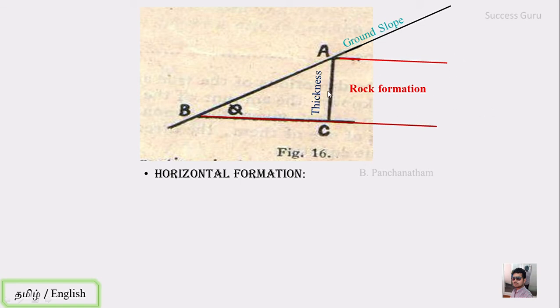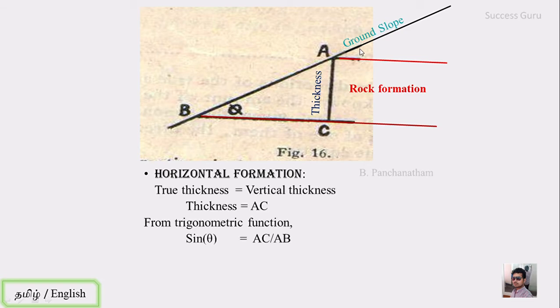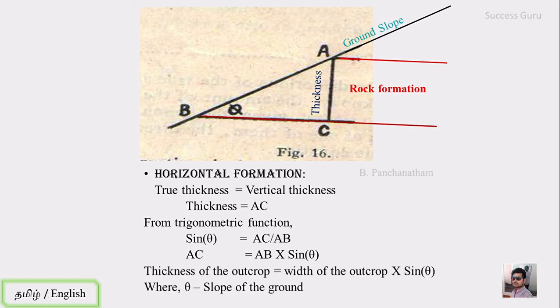The distance between these two contacts is the true thickness, and this is the ground slope. Is that clear? In the horizontal formation, as we mentioned, the true thickness is equal to the vertical thickness, so we can simply call it thickness. There is no need to indicate it as true or vertical because both are the same.